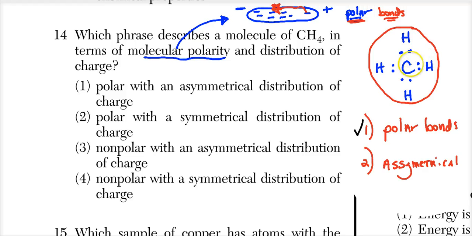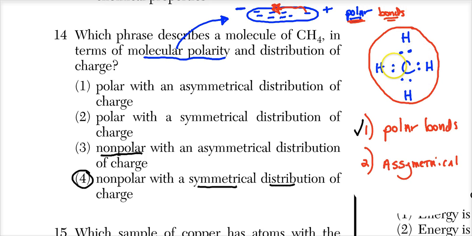It is nonpolar. So the distribution of charge, we would say that the molecular polarity is nonpolar because of a symmetrical distribution of charge. Being nonpolar means that my polar bonds, or my dipole moments if you learn them, canceled out because I'm the same all the way around.